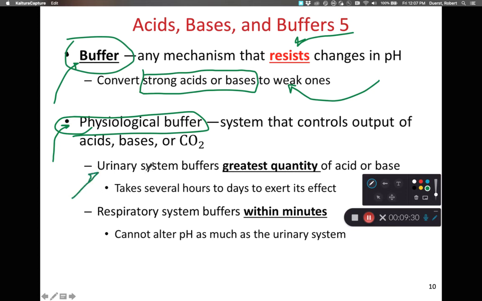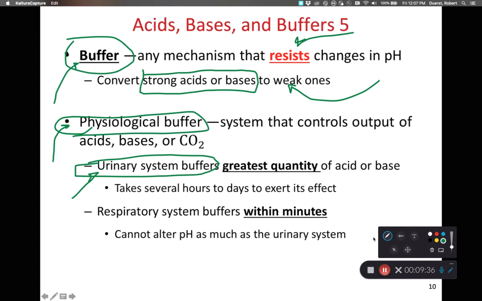For example, our urinary system is going to buffer an incredibly large amount of acids and bases as we dump hydrogen ions or bicarbonate ions into our urine. You may recall from our discussion of the urinary system, we are constantly pumping hydrogen ions into our urine, and we're constantly urinating out acid.